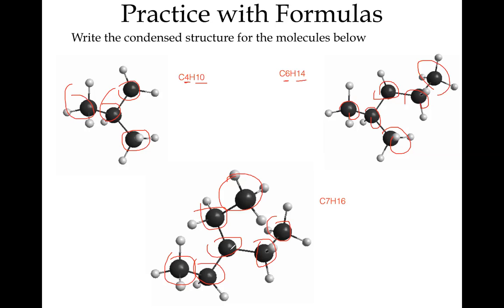There's got to be one here. 6, 7, 8, 9, 10, 11, 12, 13, 14, 15, 16. Sure enough. Okay. So I'm going to write this down on my board. I got a C4H10. We've got a C6H14 and a C7H16.